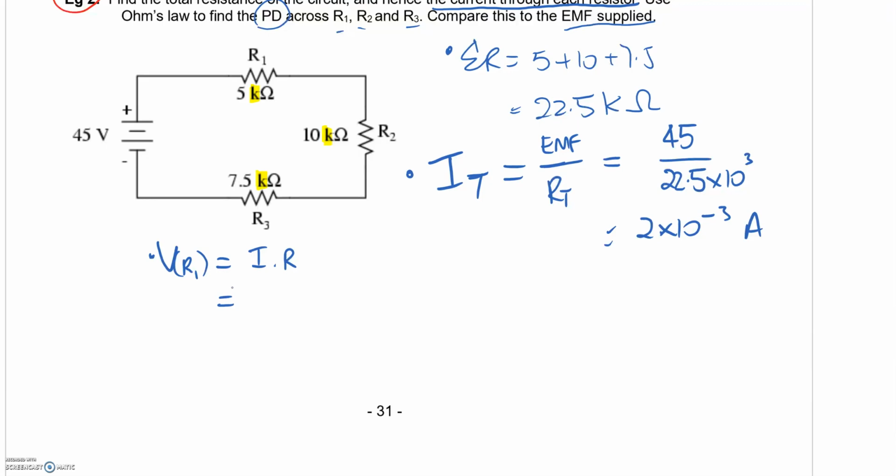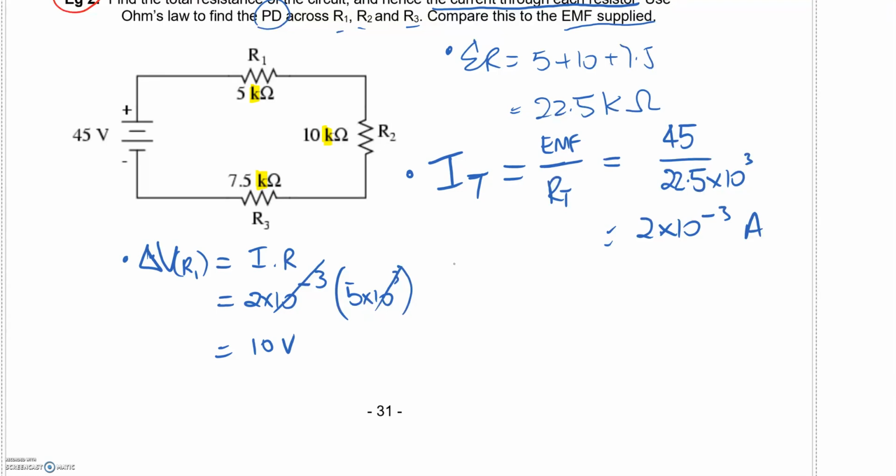You just got to know which V, which I, and which R to use. So the voltage drop across R1, what was the current going through? It was 2 by 10 to the negative 3, and the resistance was 5 by 10 to the 3, get rid of those, 5 times 2, so it's 10 volts.